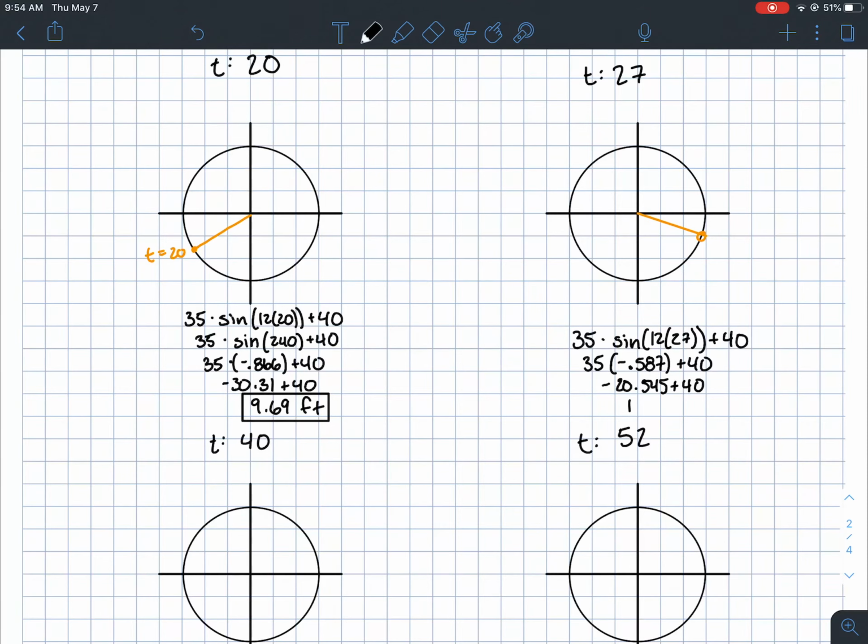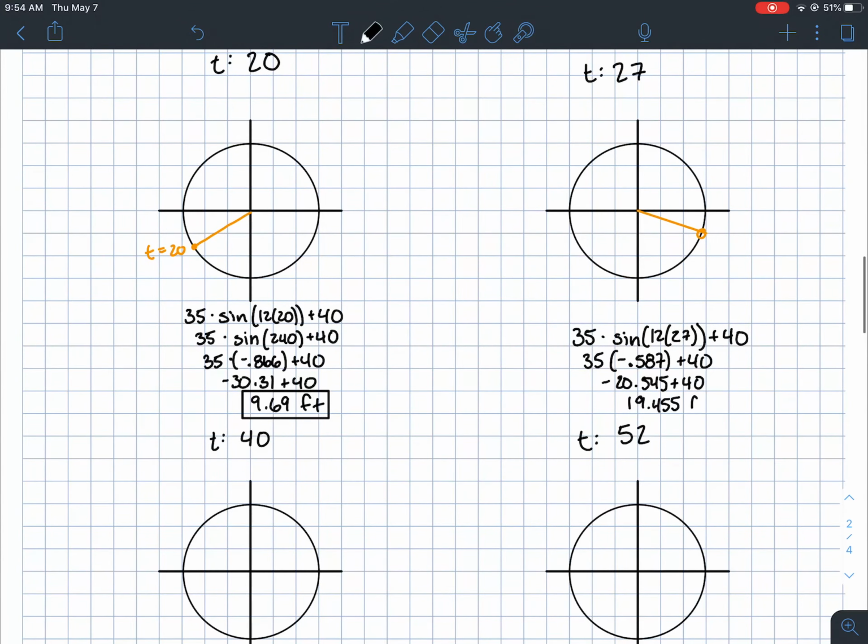We're at 19.455 feet, which is good because we're approaching back to our midline, which is 40.